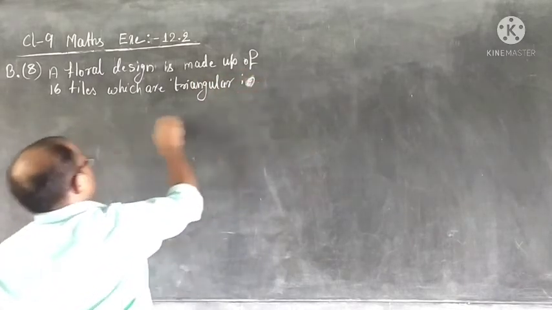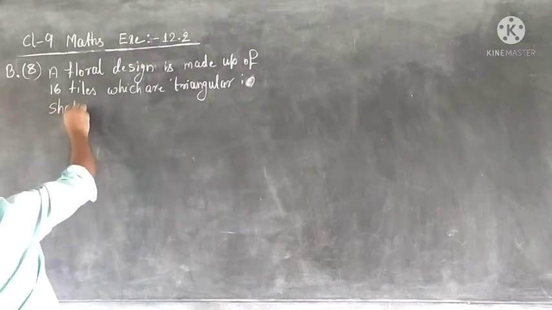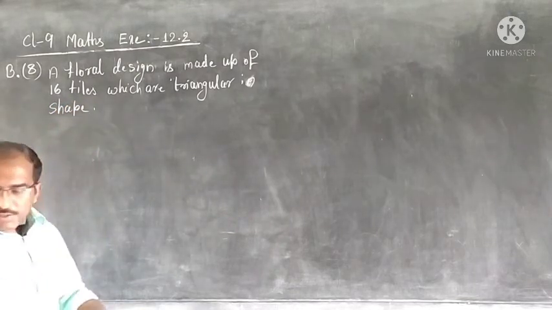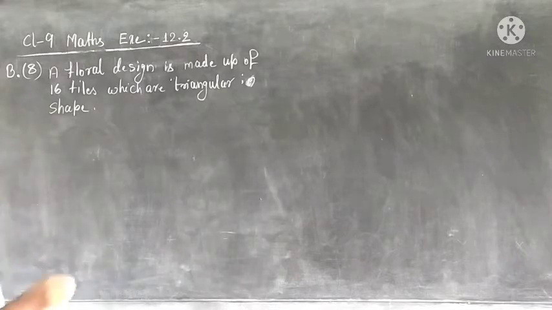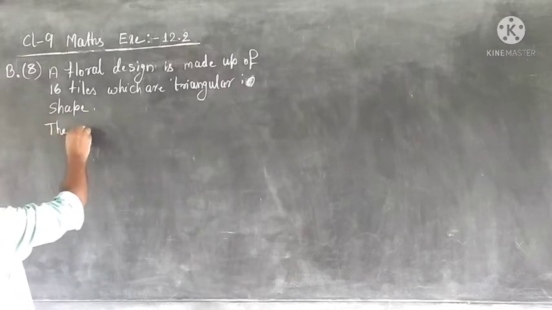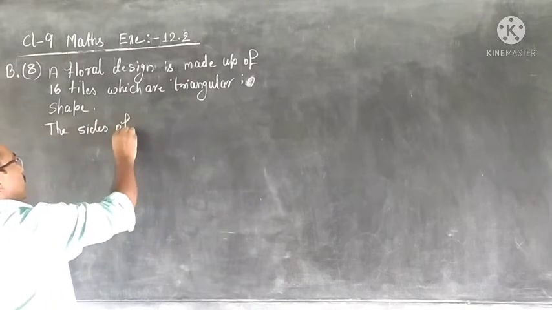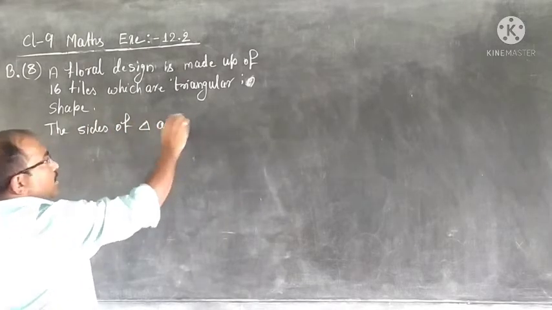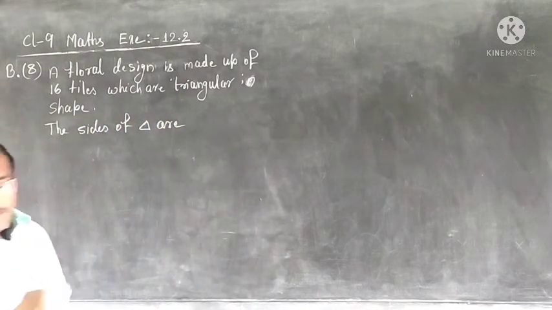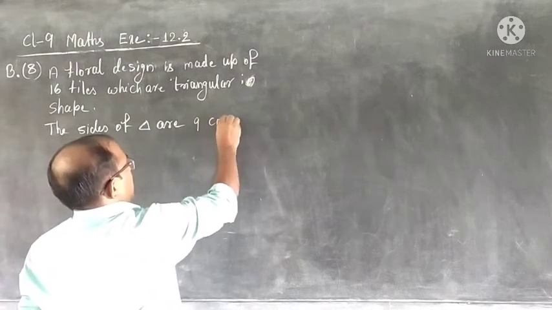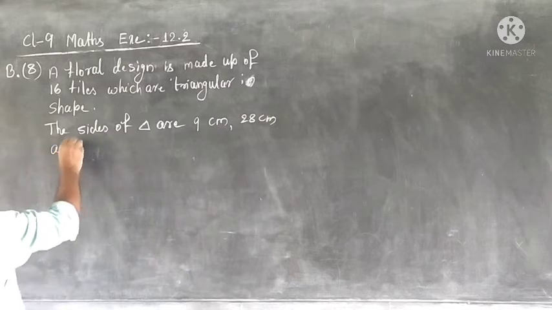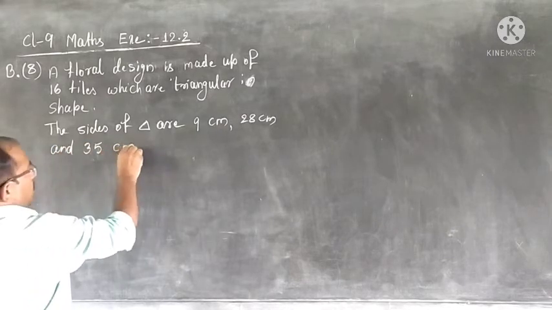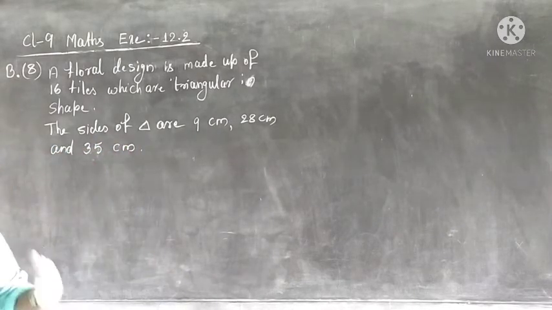So, this is the condition here, and the dimension is what? The sides of the triangle are 9, 28 and 35 centimeter. So, we go for finding area of one.